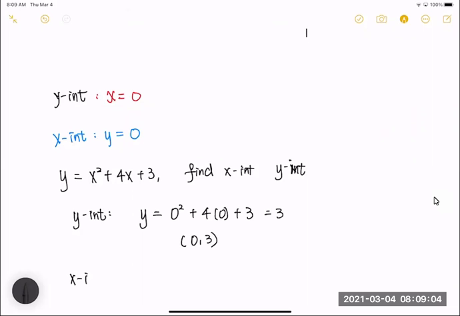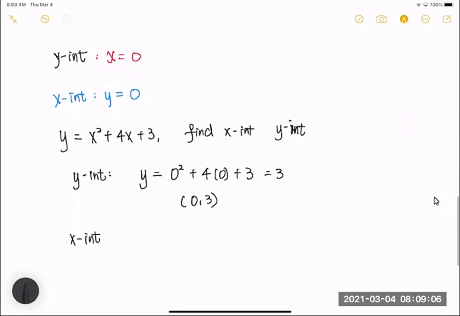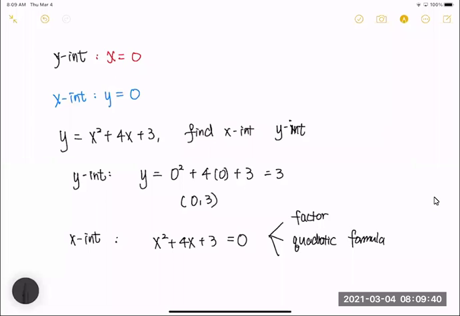Now let's work on our x-intercept. The x-intercept is when y equals 0, right? So that means x squared plus 4x plus 3 equals 0. Now we can solve this. How many ways can we solve it? We can either factor it, use the quadratic formula, or complete the square.